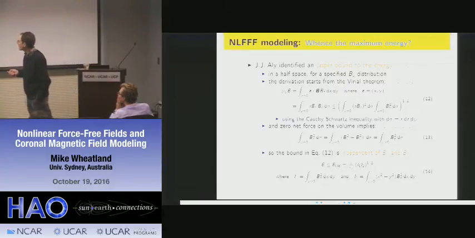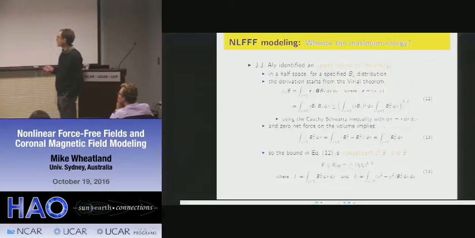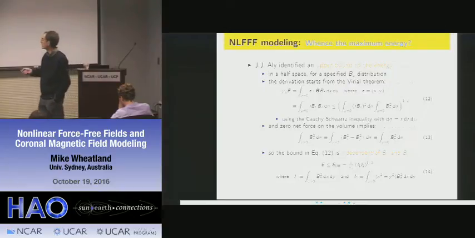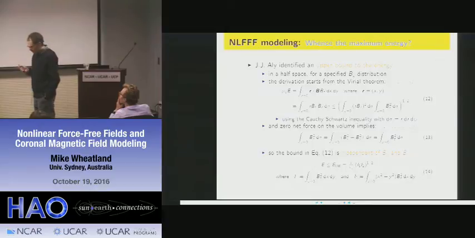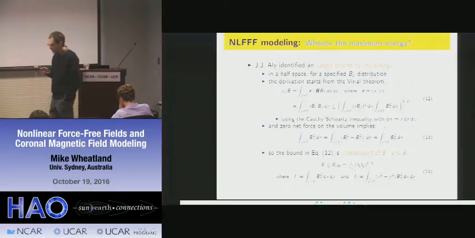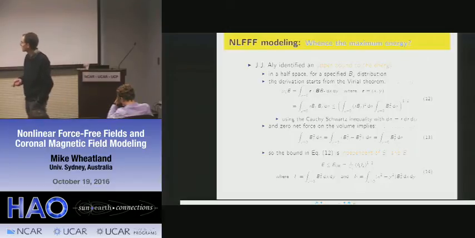But this bound still depends on all three components of the field, because the Br here, the radial direction in that z equals 0 plane, involves the Bx and the By. But the net force on the coronal volume is 0 for the force-free model, and that gives you a well-known integral constraint, which is that the integral of Bx squared plus By squared is equal to the integral of Bz squared.